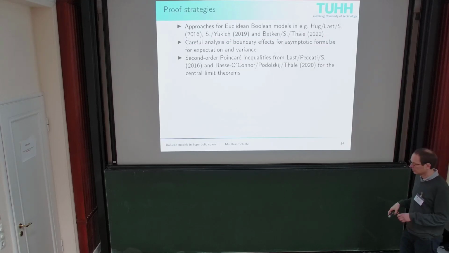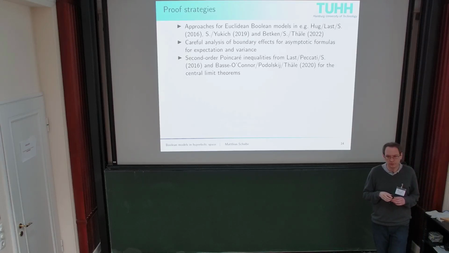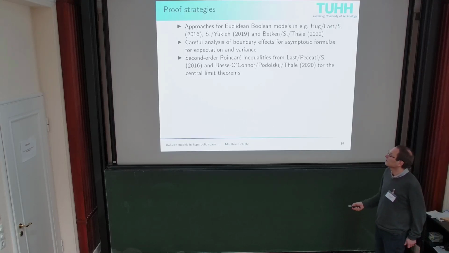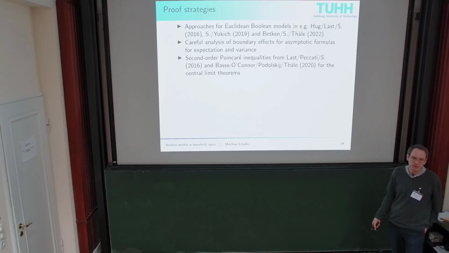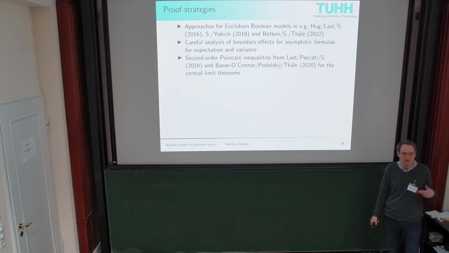So let me use the last slide to say a few words about our proof strategies. The first thing is that the overall ideas are similar to those used in the Euclidean case, but what is crucial is that one needs a more careful analysis of boundary effects, which lead to the emergence of the horoballs in our formulas.